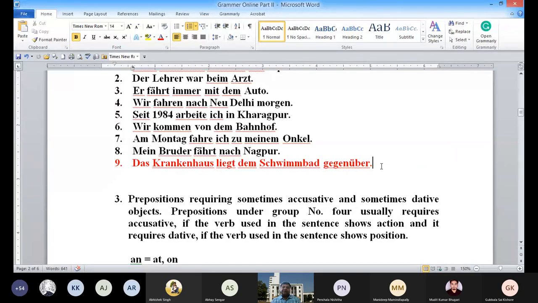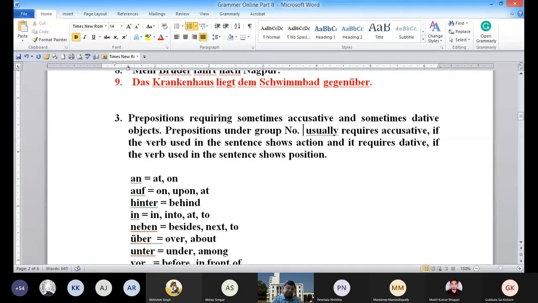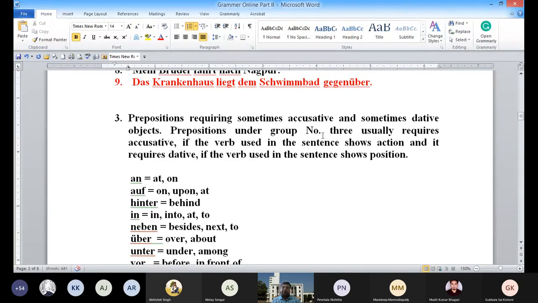Now, finally, the last part of prepositions: there are prepositions which are of common nature, meaning prepositions requiring sometimes accusative and sometimes dative objects. So the prepositions under group number 3 usually require accusative if the verb used in the sentence shows action, and they require dative if the verb used in the sentence shows position.